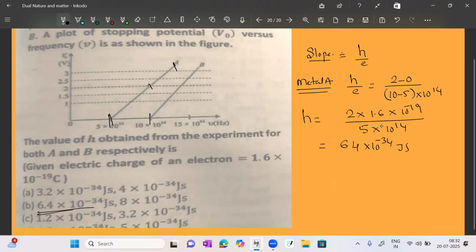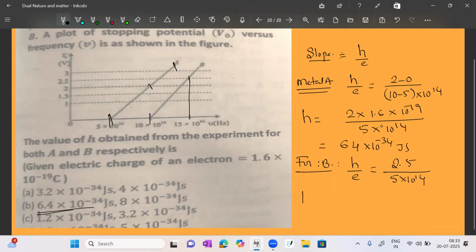The second part, for metal B also, if we do h by e, the slope is what we have here, 2.5. If you take 2.5 by 15 minus 10, how much is it? 5 into 10 power 14.